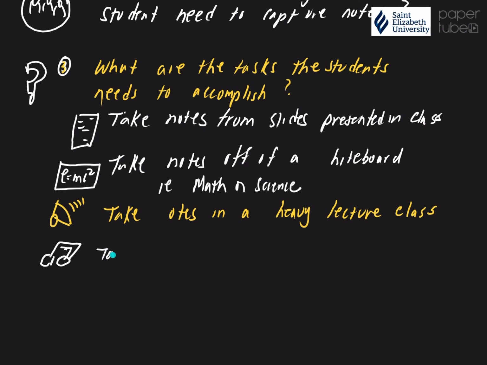So the student may need to take notes in a music class, and this might be recording the teacher, recording the music that's in the class. So those might be some considerations. And now the last part, we may want to take a look at some of the tools.